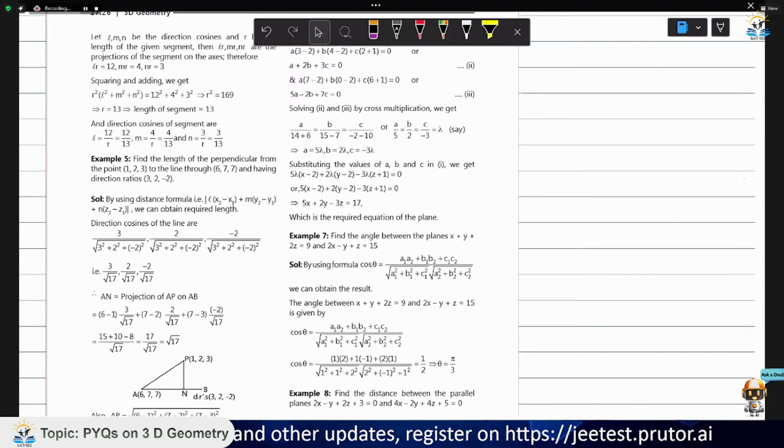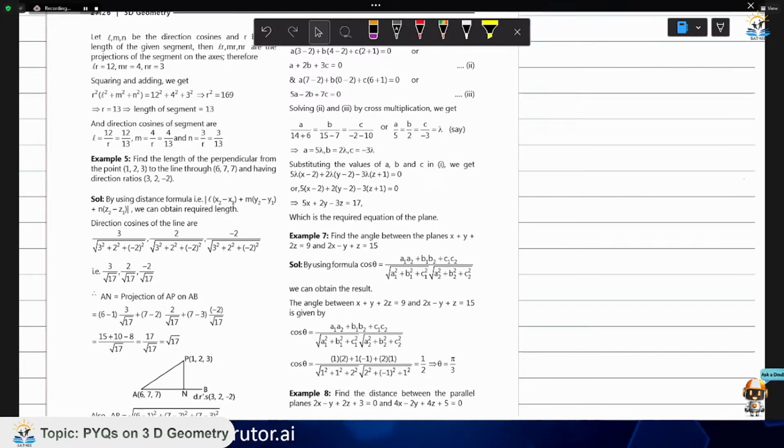How do we do that? We divide them by the square root of the sum of their squares. So we can find the direction cosines very easily like that.